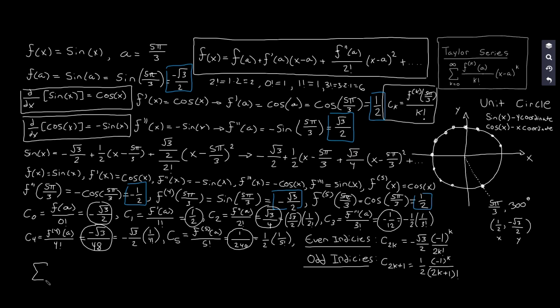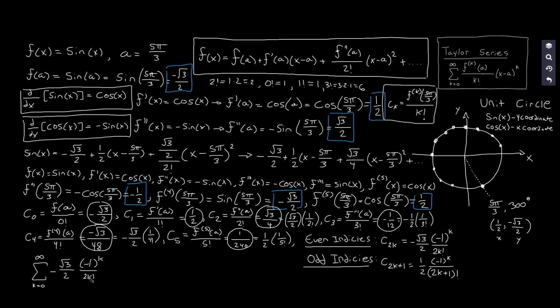Let us begin by writing out the summation for the even indices, which is going to be from k equals 0 to infinity. We're just going to write what we have for c sub 2k, which is negative root 3 over 2 times the rational expression negative 1 raised to the power of k over 2k factorial.